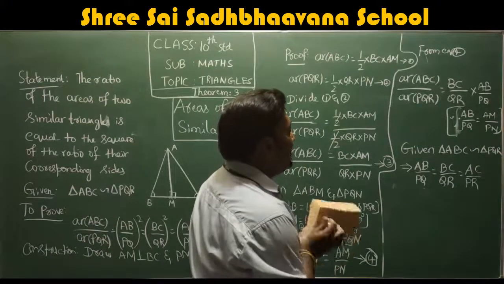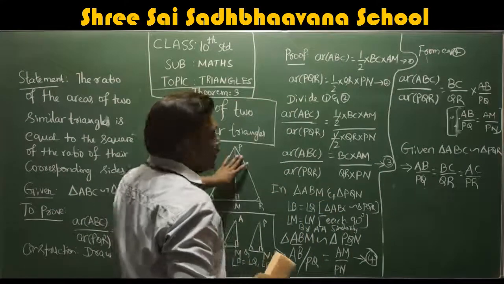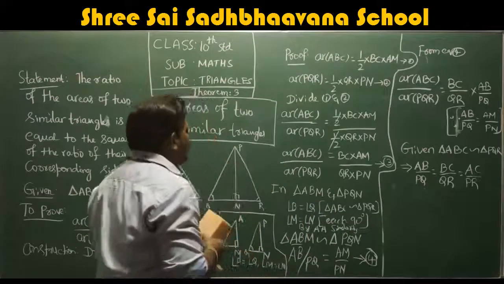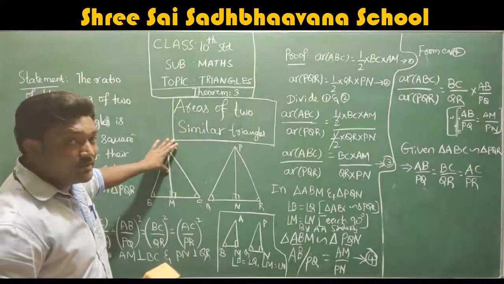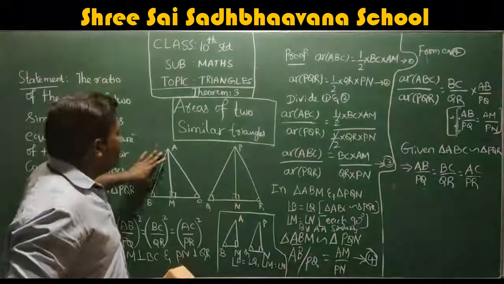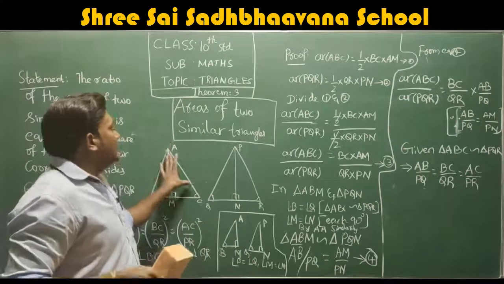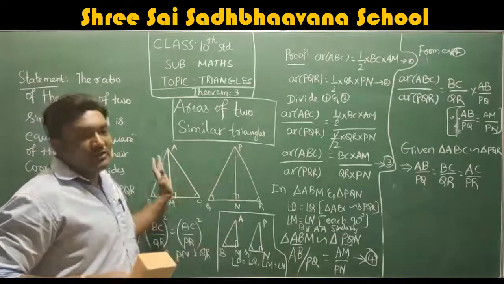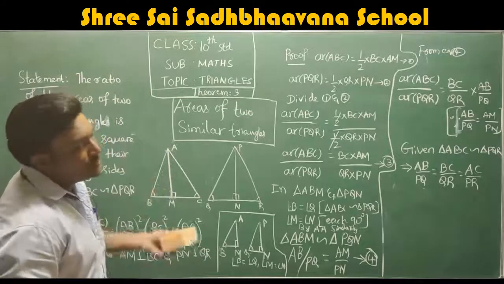And also it is given that triangle ABC is similar to triangle PQR. If these two triangles are similar, their corresponding sides should be proportional. That is what we discussed, right? So AB by PQ should be equal to BC by QR, which should be equal to AC by PR. These are the corresponding side ratios, and they should be equal.